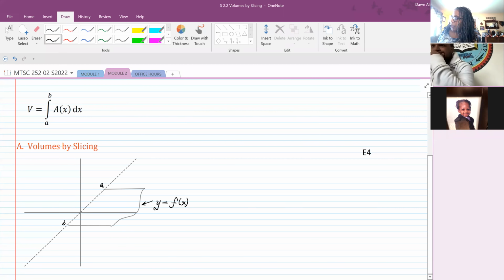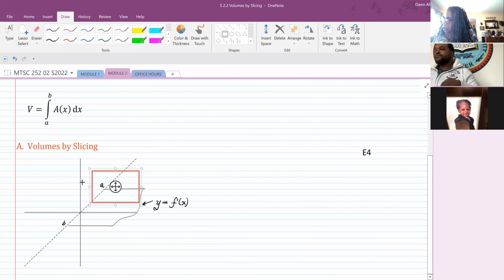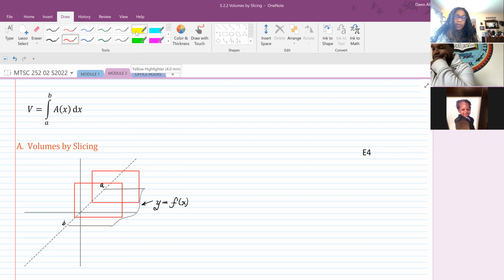Now, if I take cross-sectional areas, let's say these are rectangles, and I take rectangles and I stand them up along the whole region, and I keep taking rectangles all the way through.